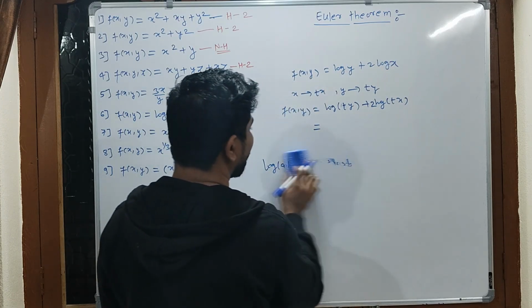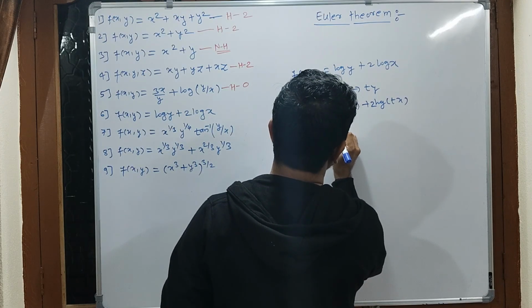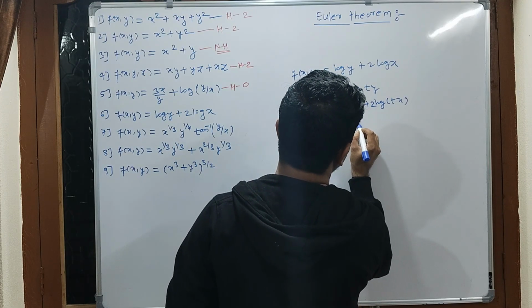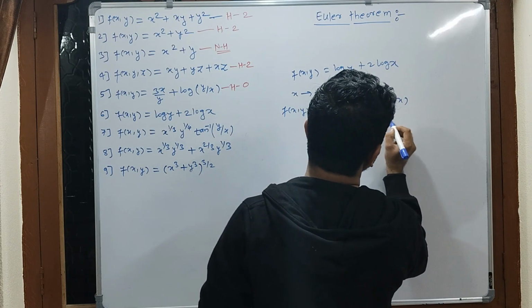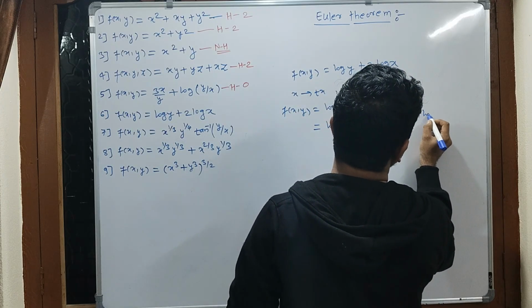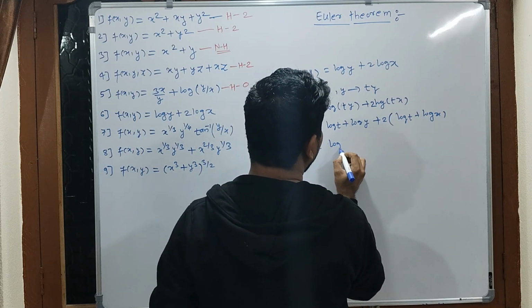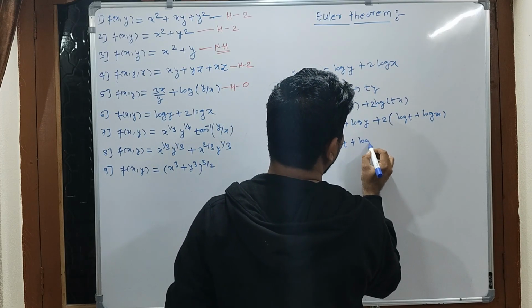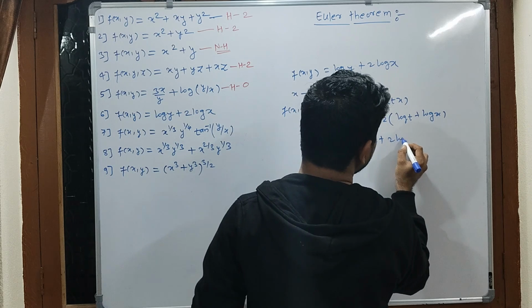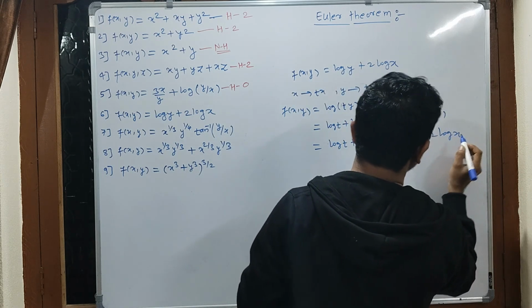So I want to use this property. Now log of ty is the same as log of t plus log of y, plus 2 times log of t plus log of x, which is equal to log of t plus log of y plus 2 times log of t plus 2 times log of x.